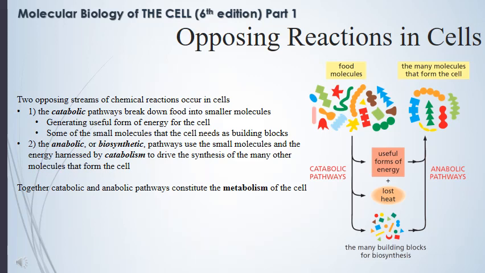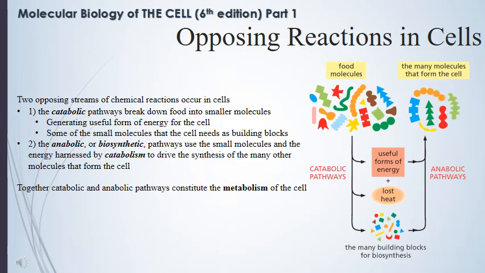The other one is the anabolic pathway, or biosynthetic pathway. And this pathway basically gathers the small molecules that we generated in the catabolic pathway and the energy that was harnessed through the catabolic pathway.